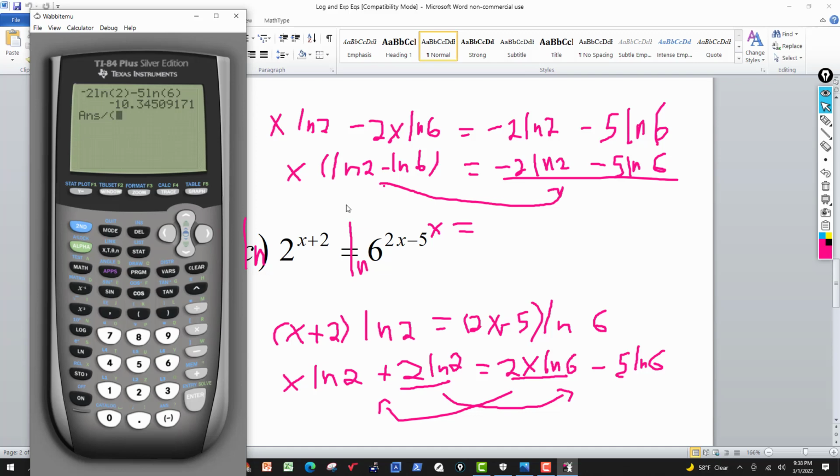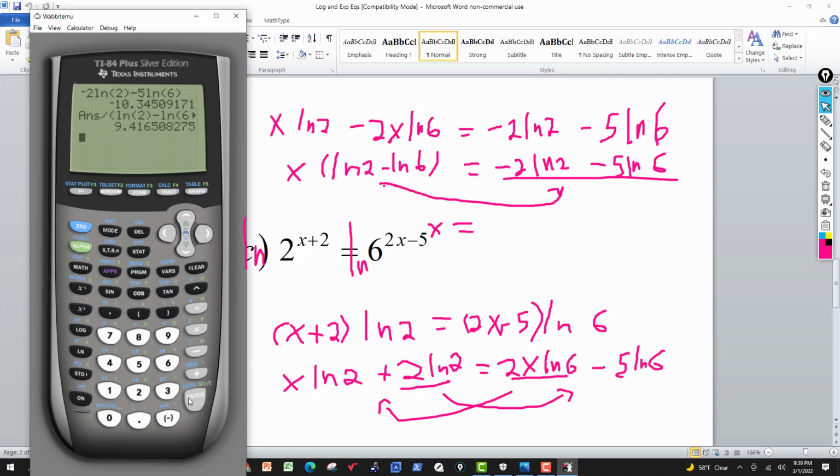Parentheses, and then I'm going to enter the ln of 2, minus ln of 6, close that parentheses, and then close the main one. So this is dividing the right side.